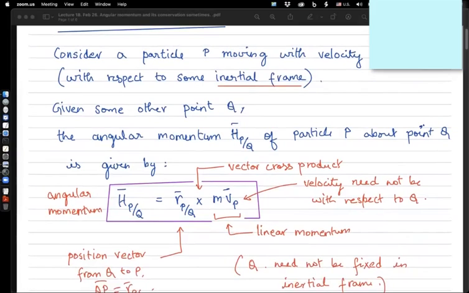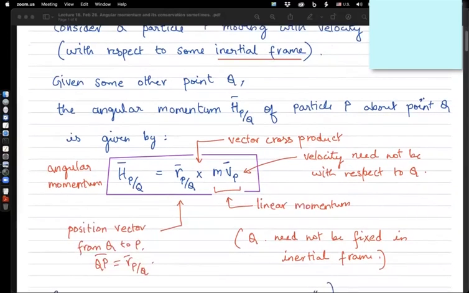We have the linear momentum, mass times velocity of point P. And then we take the cross product of the position vector from Q to P, the position of P with respect to Q, which is basically the vector QP, with the linear momentum. If you draw a vector going from Q to P, that's this vector. That's called the angular momentum of particle P with respect to point Q.